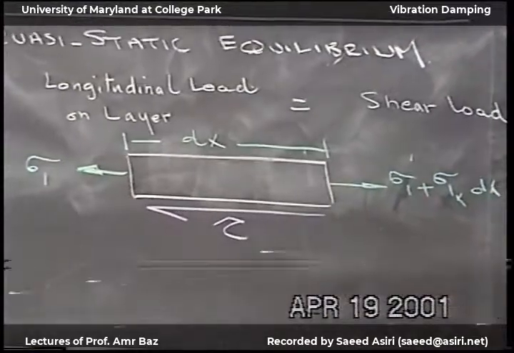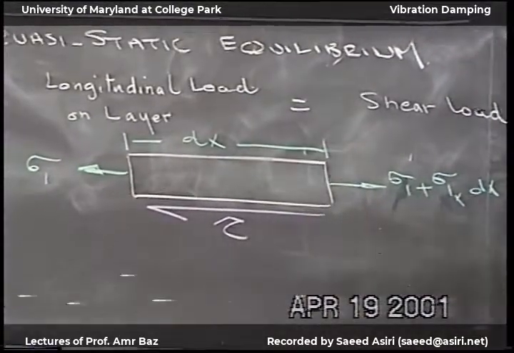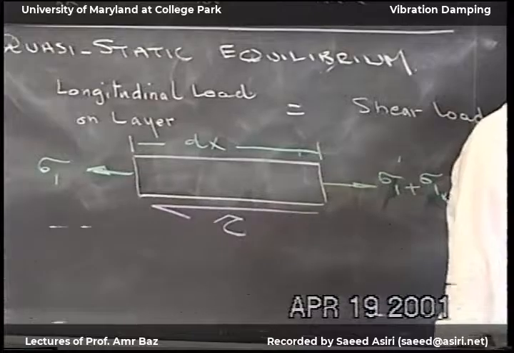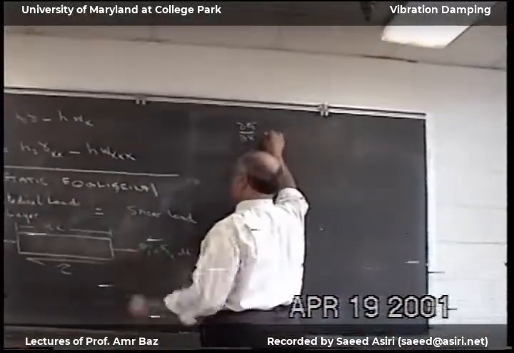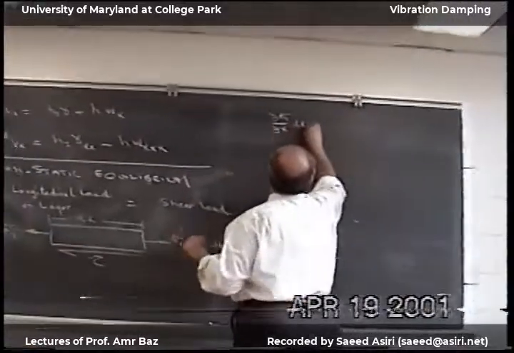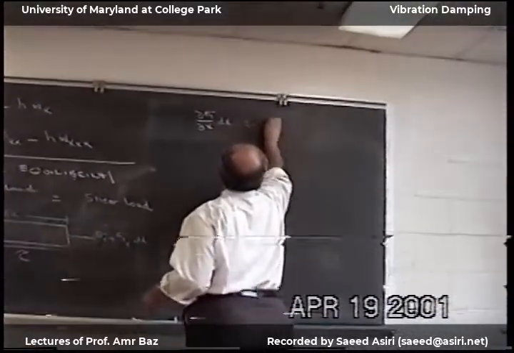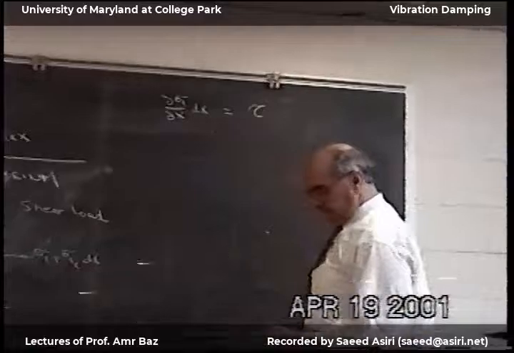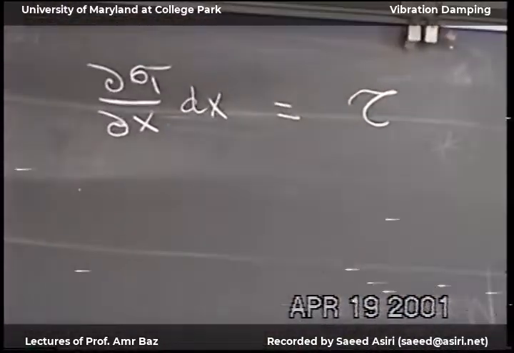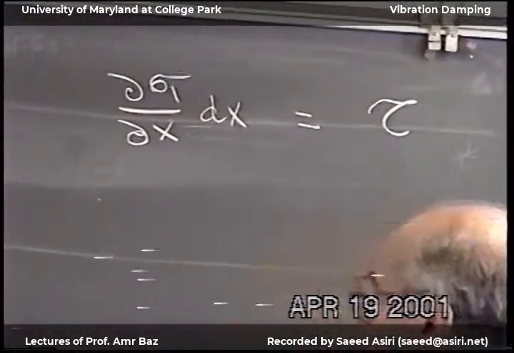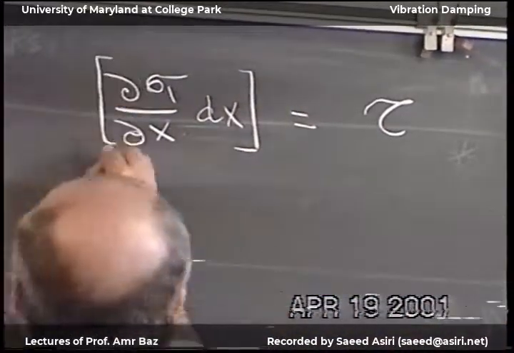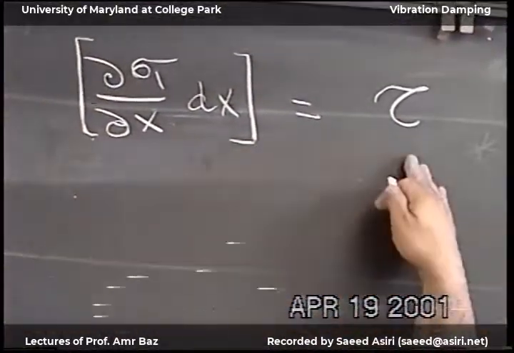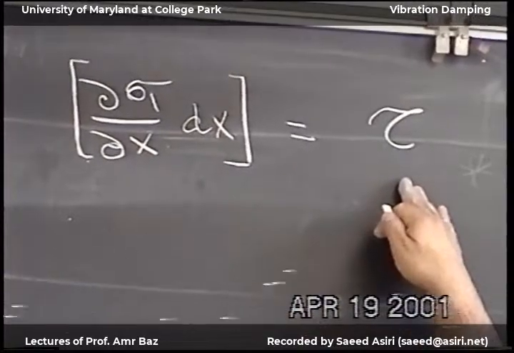Then the two counterbalance each other, and we have partial sigma 1 by partial x times dx is equal to the shear stress, and these are stresses, so I have to convert them to forces to have equilibrium.